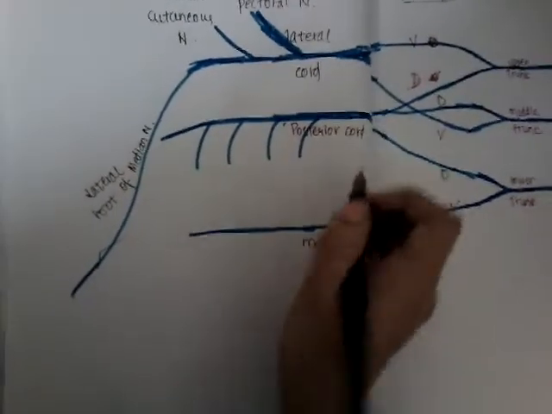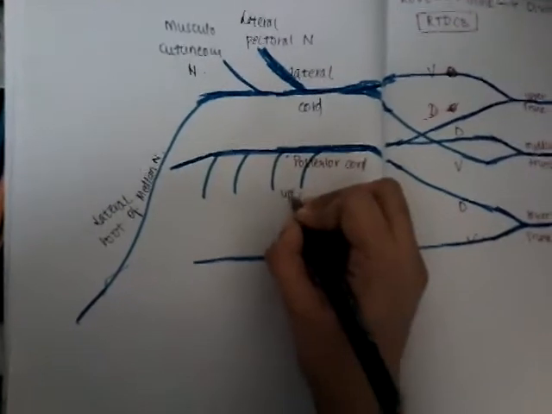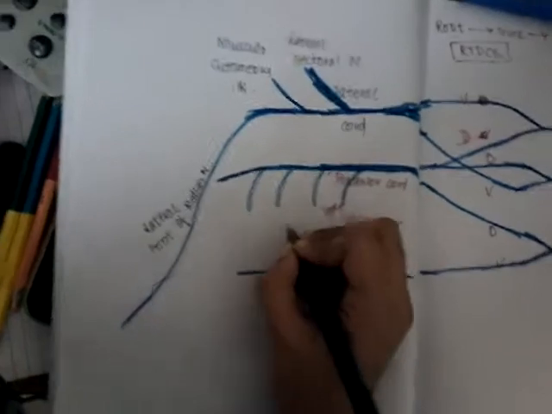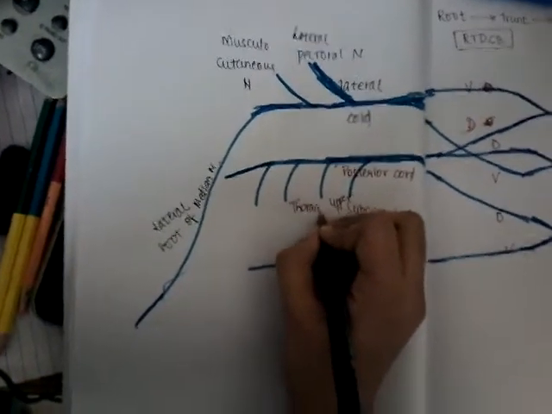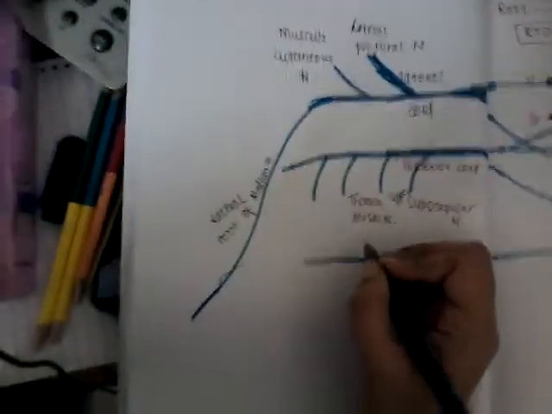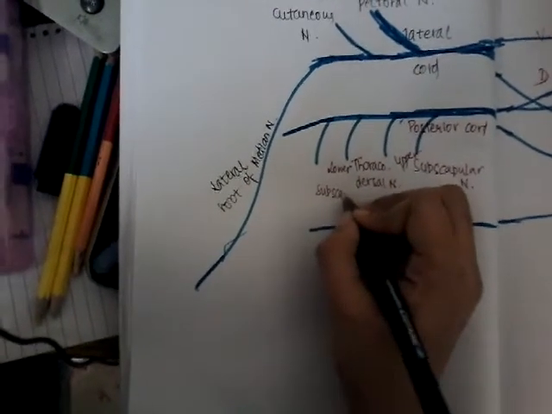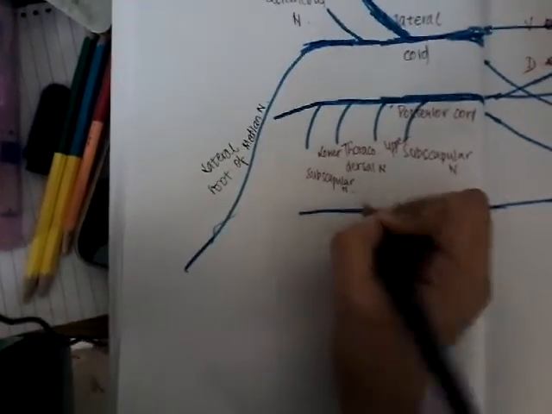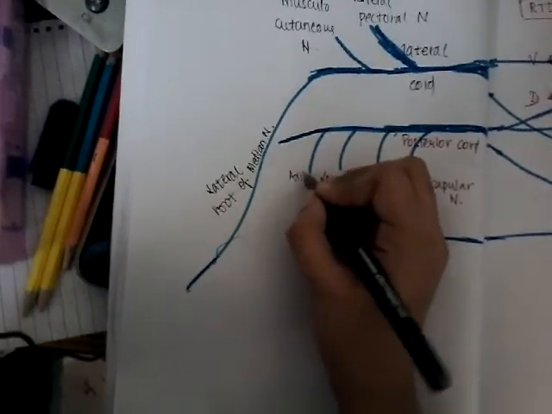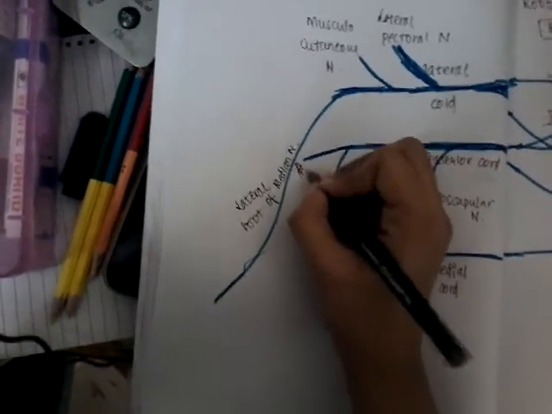So it gives number 1, upper subscapular nerve, thoracodorsal nerve or nerve to latissimus dorsi, and then lower subscapular nerve, and it gives the axillary nerve and radial nerve.